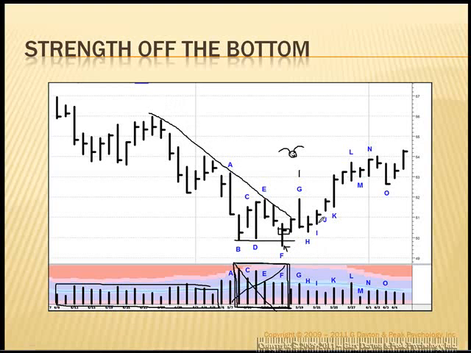Didn't we break the supply line? Assuming that we drew it like this, at least the immediate supply line here has been broken. And it has not come all the way down to where we would expect it to, all the way down to the bottom of the demand line. And we have this swelling of volume where price has been stabilized.